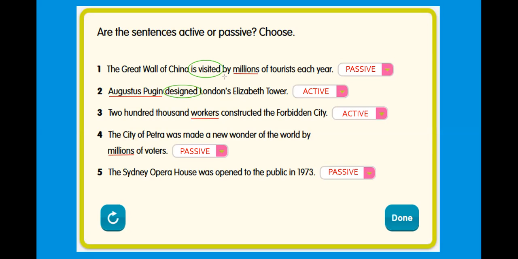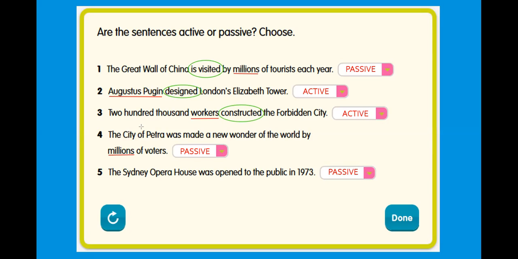We look at the verb and we say that's not a verb in passive form. We don't have the verb be. And remember, if you don't have the verb be, you don't have passive voice. For number three, we have constructed, okay? Again, the verb doesn't have the verb be. It's not passive voice. It is a normal sentence.